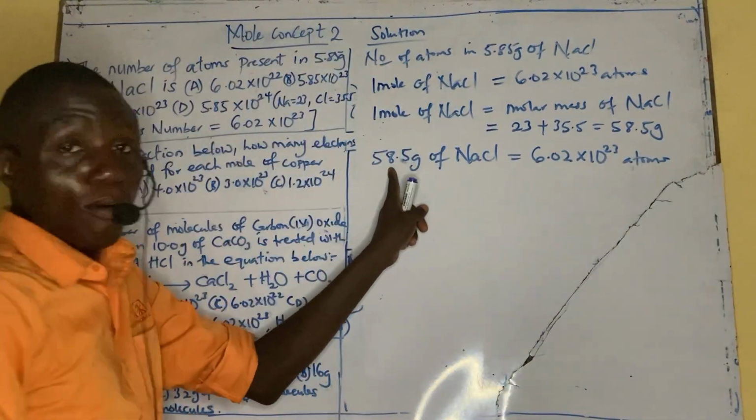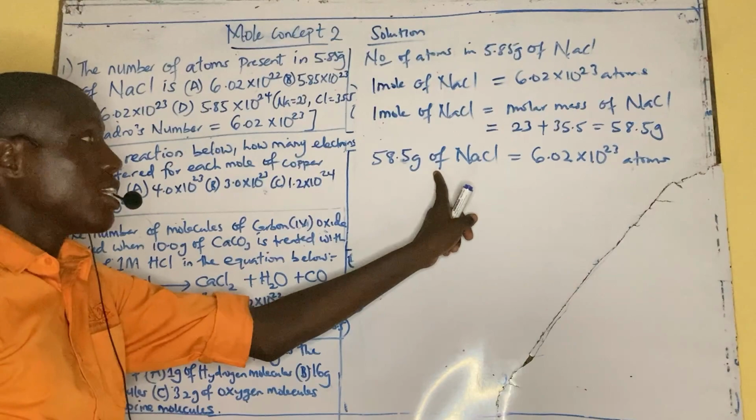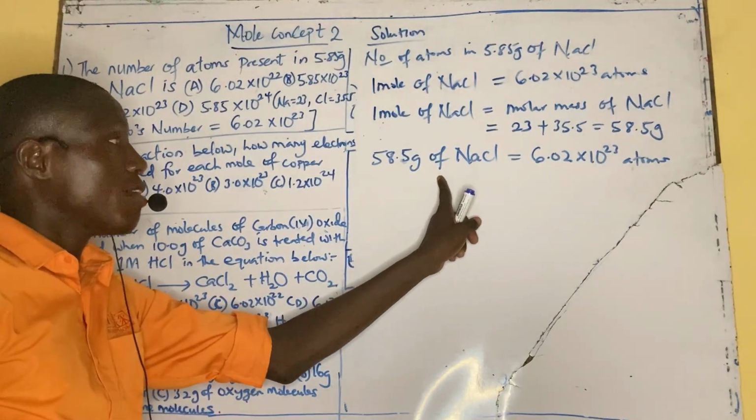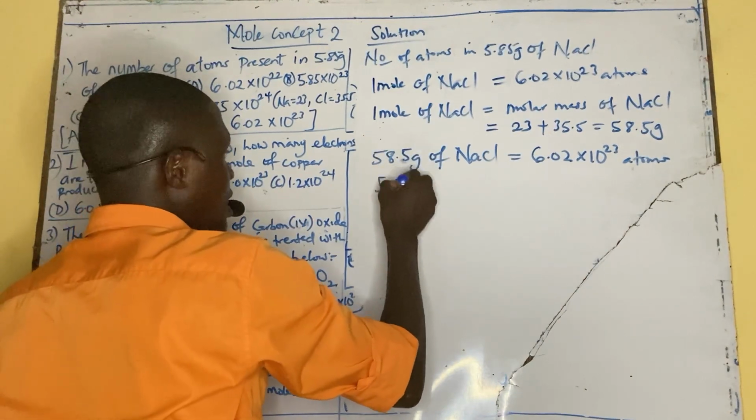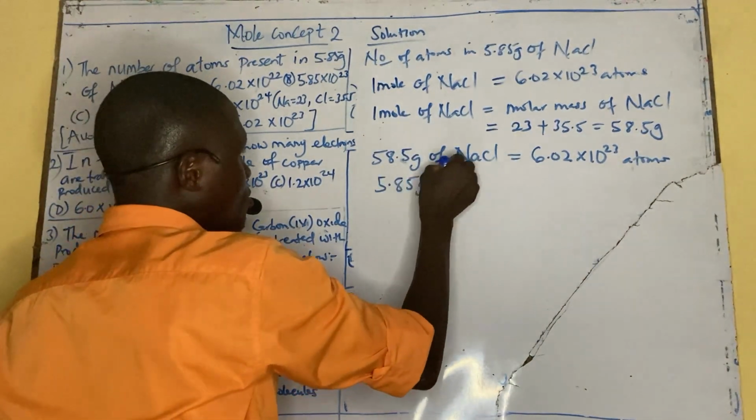Instead of having 1 mole, we now have 58.5 gram of sodium chloride. So now bring this down: 5.85 gram of sodium chloride.